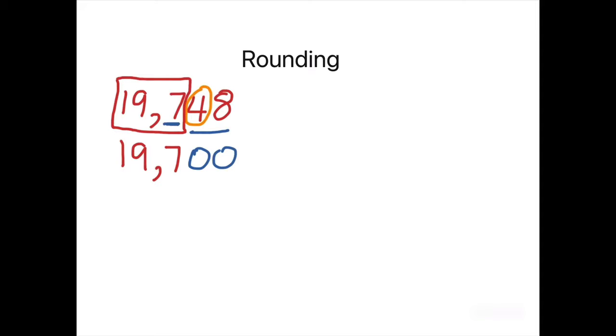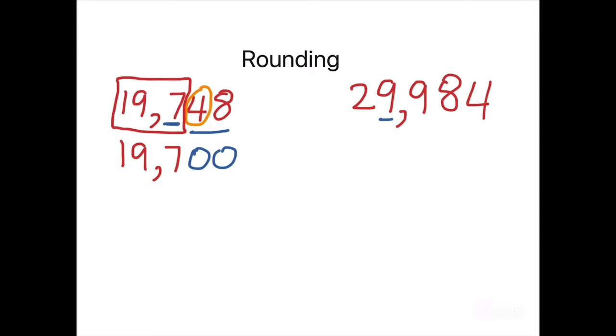Let's try another example. If we have 29,984, and let's say we are rounding to the nearest thousands place. So we're going to underline this 9 in the thousands place.